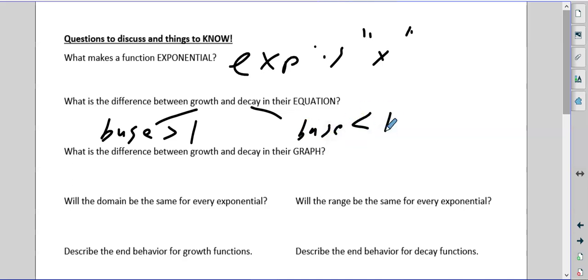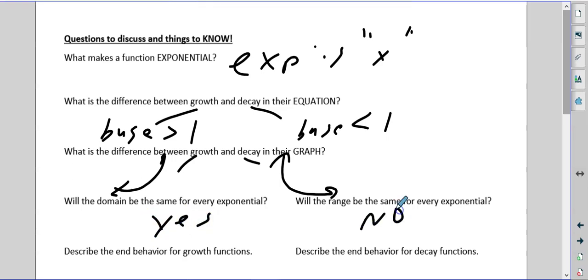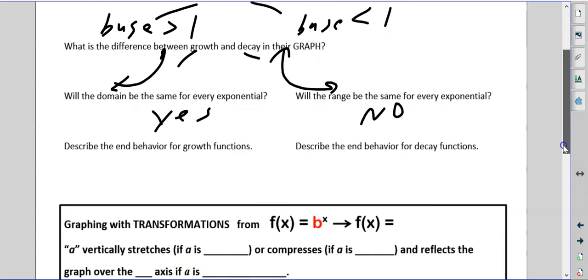What's the difference between a growth and decay graph? Growth looks like this, and decay looks like this. Will the domain be the same for every exponential? That is, yes. Will the range be? No. Because as that asymptote changes, it will change.